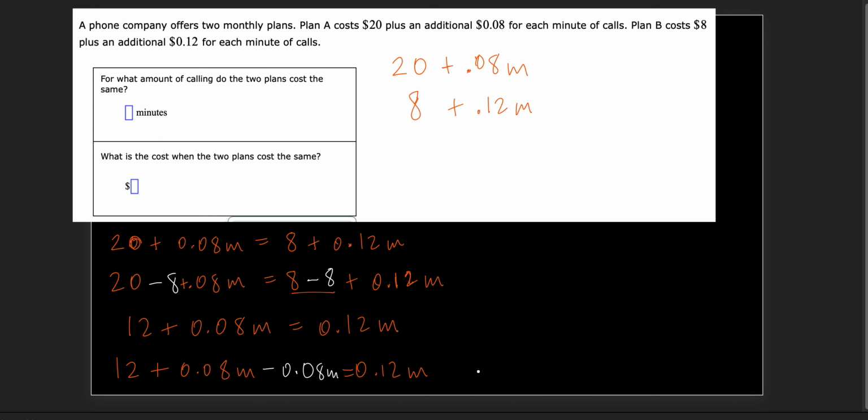Subtract 0.08 M from both sides. So what I'll have is 12 equals whatever 0.12 minus 0.08 is, 0.04 M.